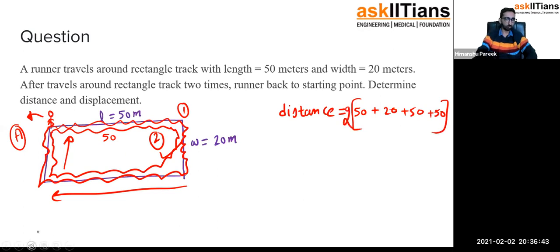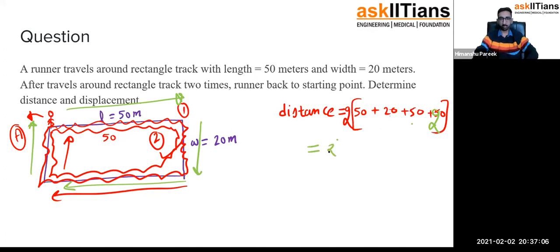True? Going from here to here, then going here 20, 50, then going here 20. So what is the total distance you have covered? And that you multiply by 2 because 2 times you have done the same thing.